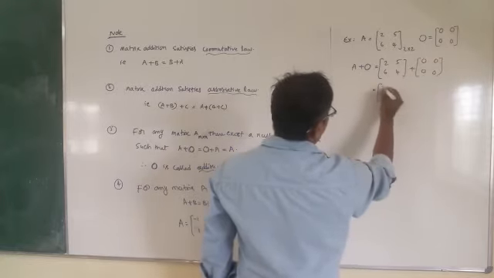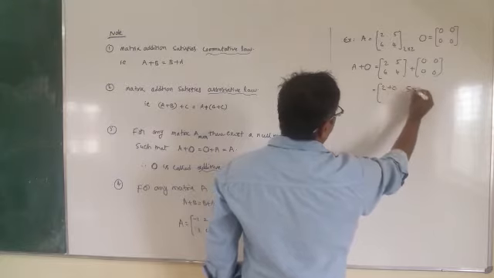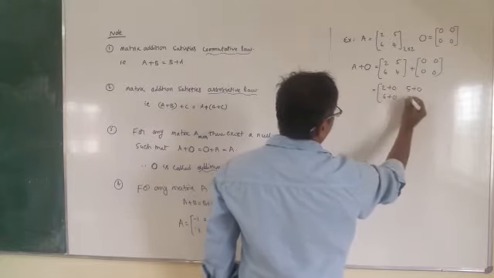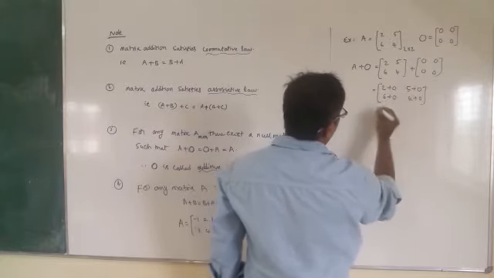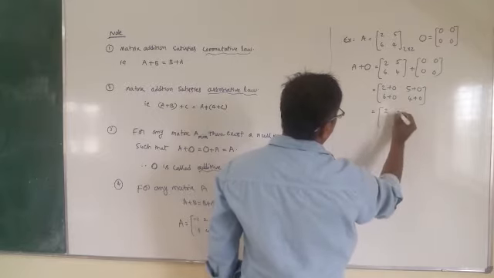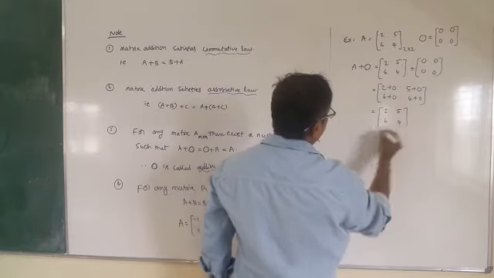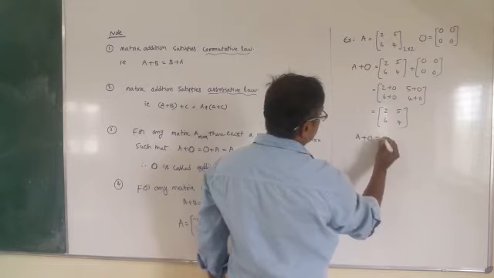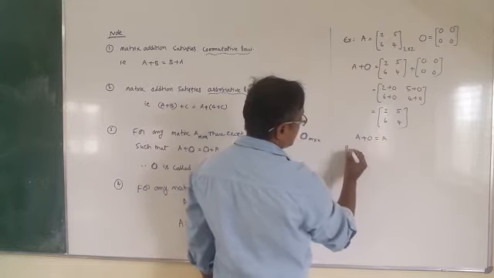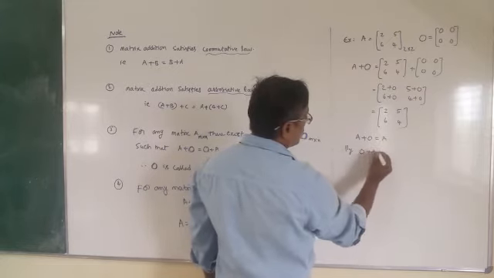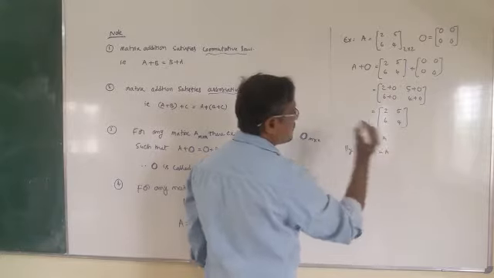The result will be 2 plus 0, 5 plus 0, 6 plus 0, 4 plus 0. So result is 2, 5, 6, 4. So A plus O is equal to A. Similarly, you can find that O plus A is equal to A.